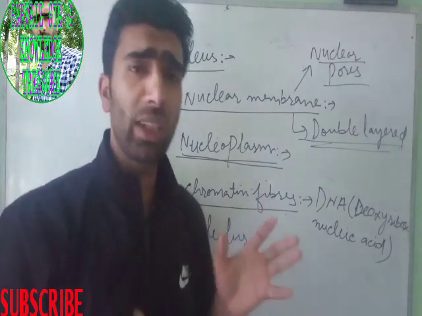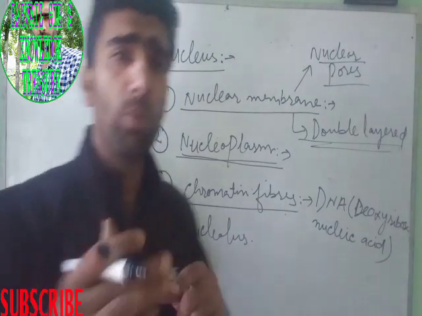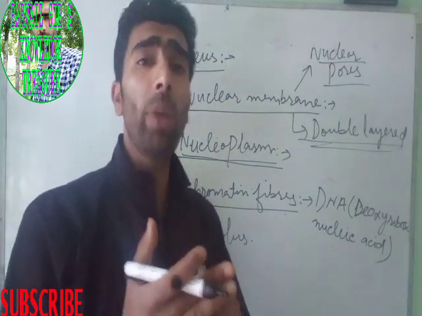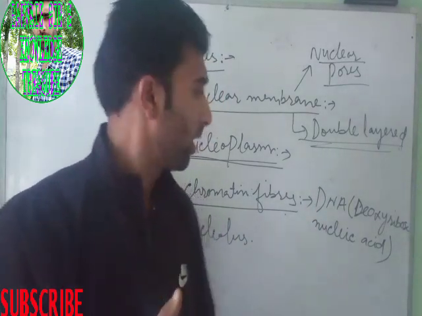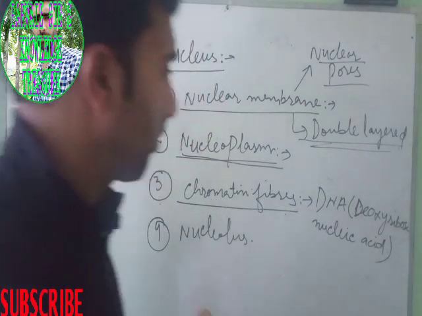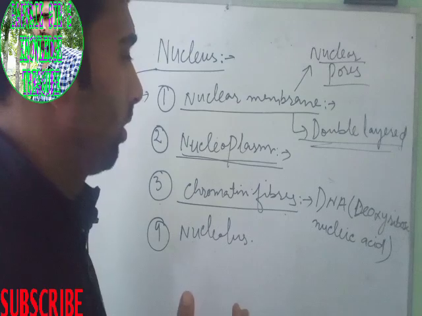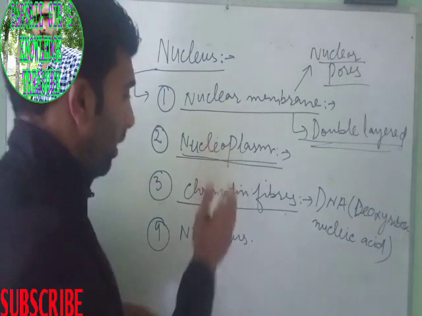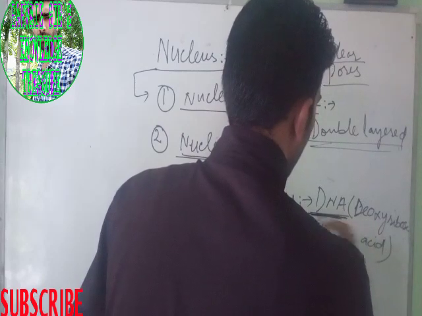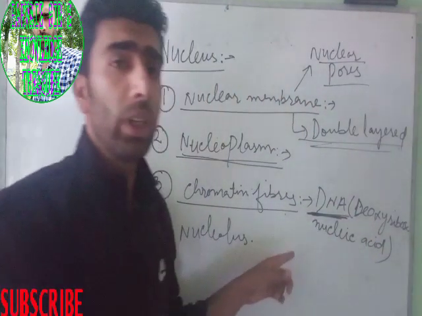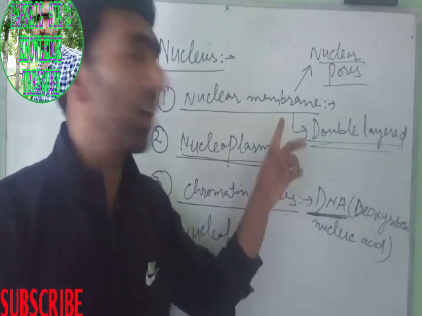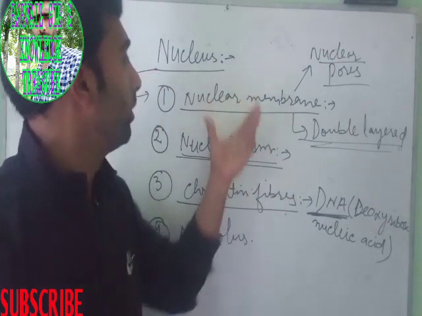A nucleotide is a combination of a sugar molecule, that is deoxyribose sugar, nitrogenous bases, and phosphate molecules. This DNA is a very important constituent, as we will discuss in the functions of the nucleus.